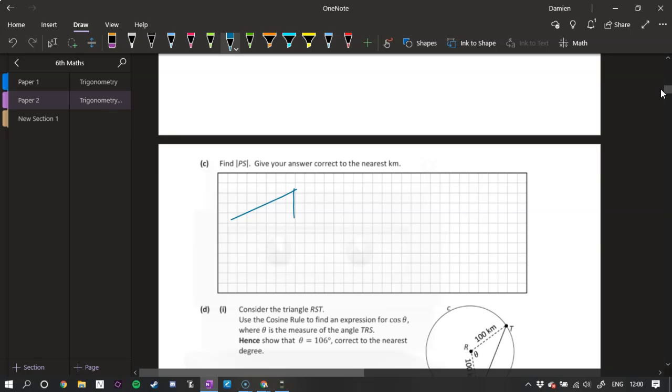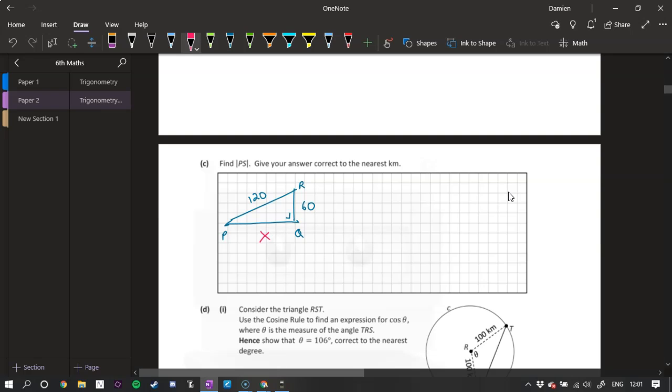So we're working off a triangle of PRQ. We're told this is 120 kilometers. This is a right angle. We know from our previous example that this is 60. So if we want to work out what PQ is, then again, Pythagoras' theorem kicks in.